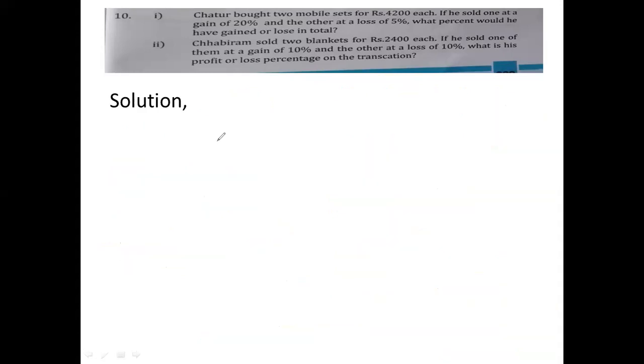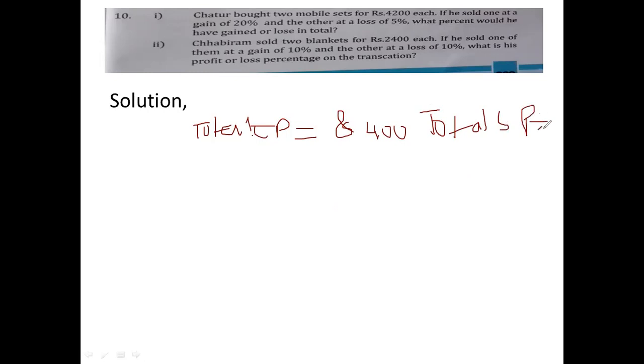Okay, what is the total SP now? Add them. Total CP was 8,400. And total SP, what will you get? Add 5,040 and 3,990.